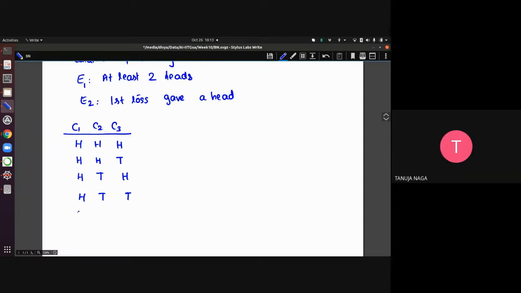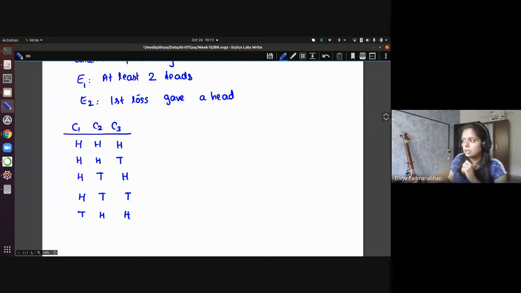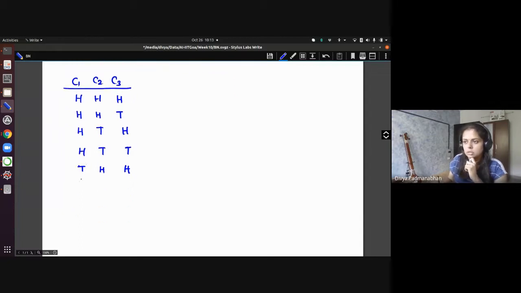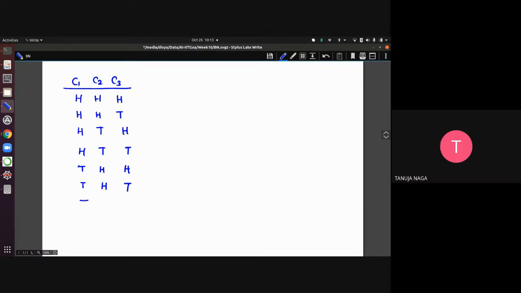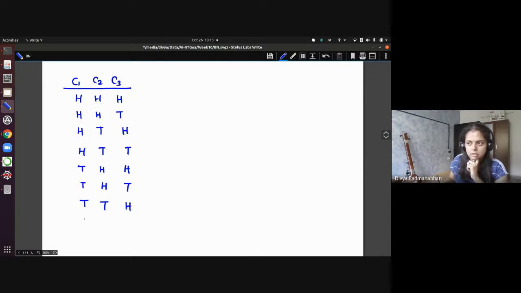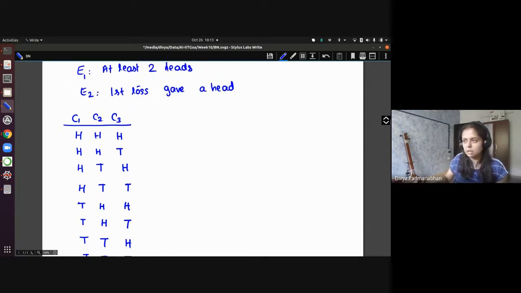Tail, head, head. Head, tail, tail. Tail, head, tail. Tail, tail, head. And finally all tails. These are the 8 possible outcomes that you can have.